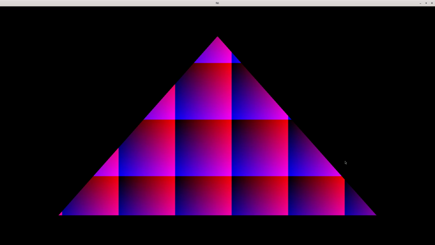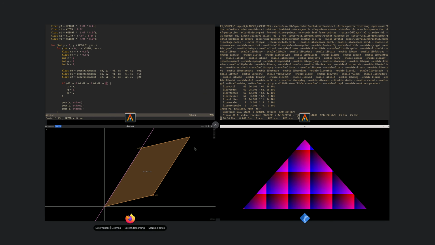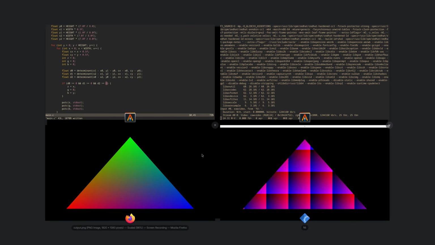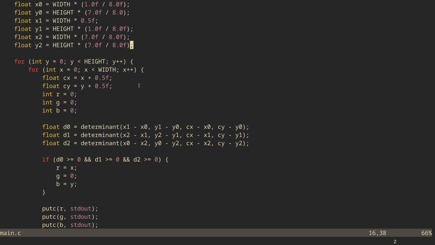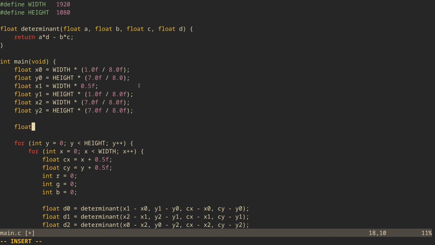So now our test is correct, but we want to determine a color and blend between three different colors on the three different vertices. So we're going to define V0 as red, V1 is green, and V2 is blue. Let's define those up here.